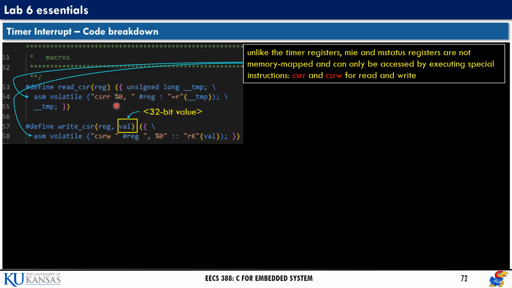You don't have to think much about the details of these instructions, but please remember that if you want to change any value of the MIE or mstatus register, you have to use these two instructions, CSRR and CSRW. So if you want to write a value to the MIE or mstatus register, you have to use this write CSR function, and this function takes the register address and the value you want to write onto that register.